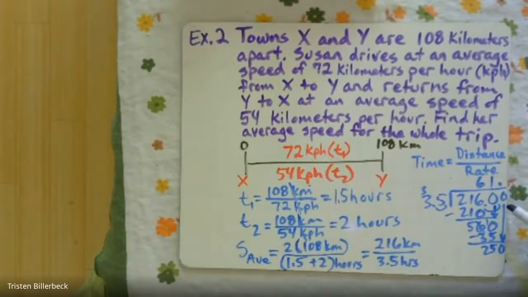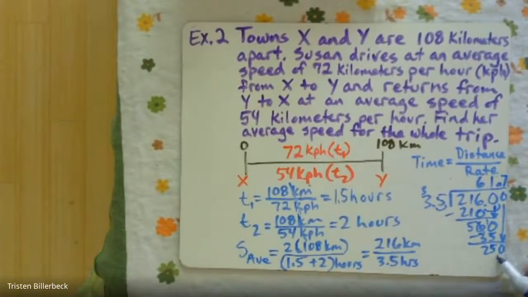Did it say find for the whole trip? Okay, so we are going to do our best to round this. So we have 35. Okay, we'll round that to 30, so 8 maybe. So let's try 8. No, 8's too much. Let's do 7.